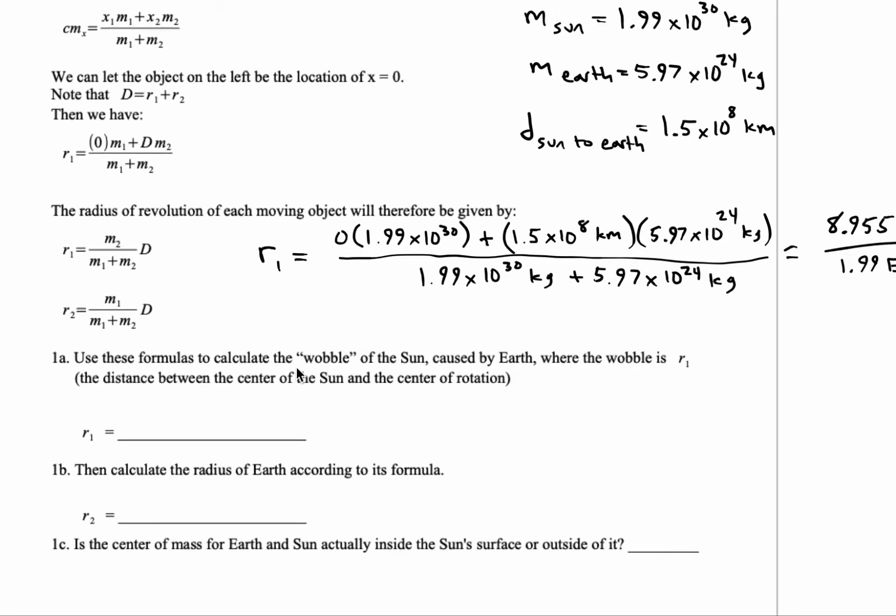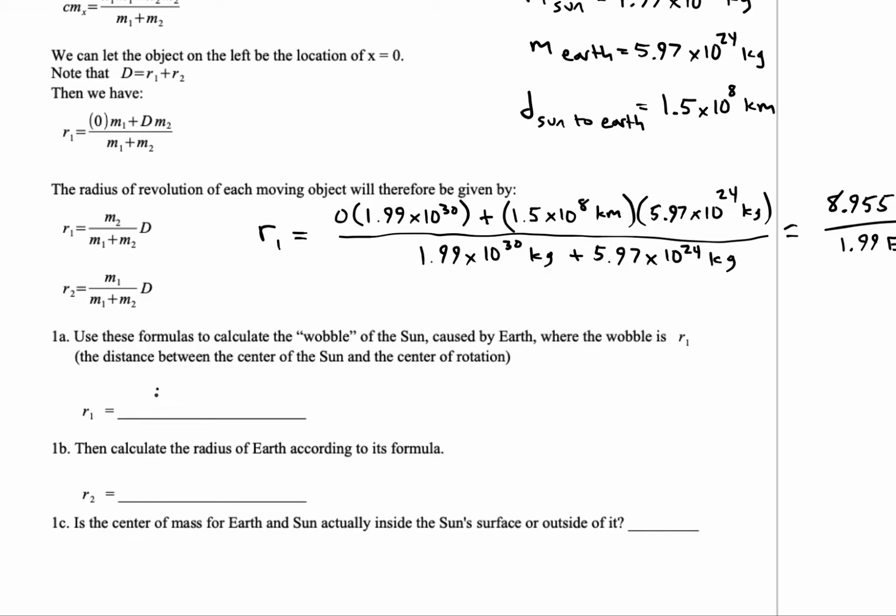All right. So this would be 450 kilometers. And then if we want R2, the distance to Earth, you're basically doing 1.5 times 10 to the 8th kilometers minus 450 kilometers. So it's a silly question.